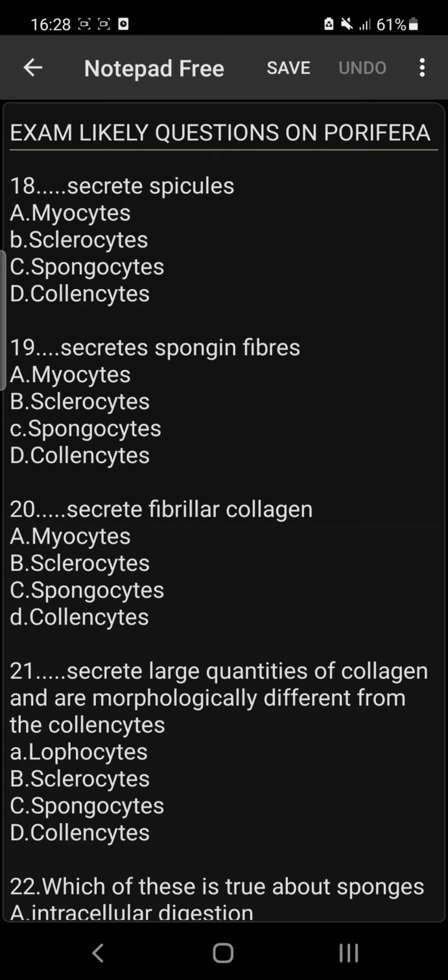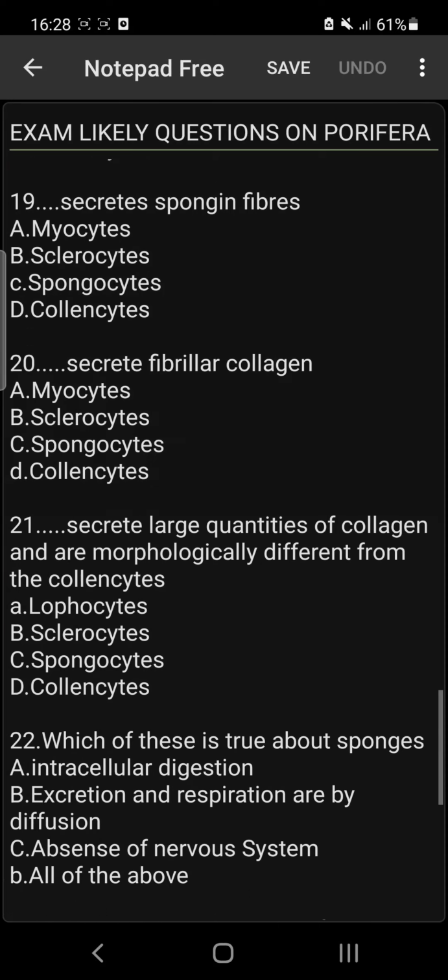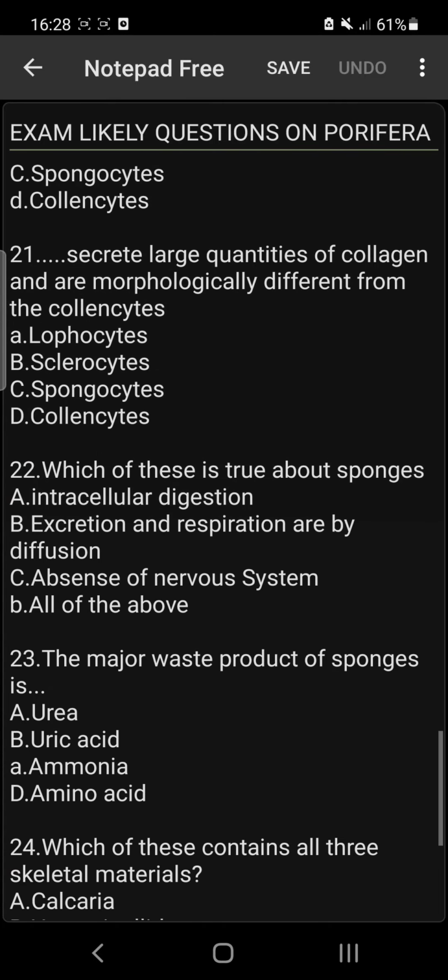They cannot ask which of the following secrete fibrillar. No, they must add that collagen, because the collagen is a major entity. It's actually what? Secretes. So S squared, C squared, then spongin, which is SPO. You now have spongocyte, all right? The same thing. Number 21, that secrete large quantities of collagen and are morphologically different from the colencyte.